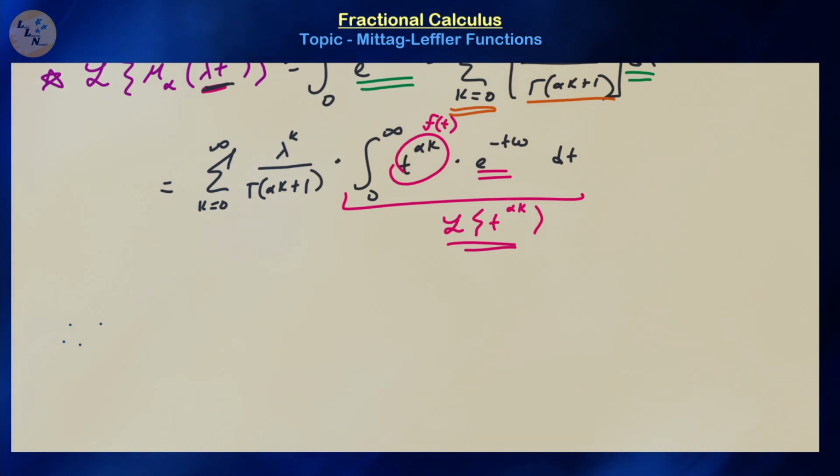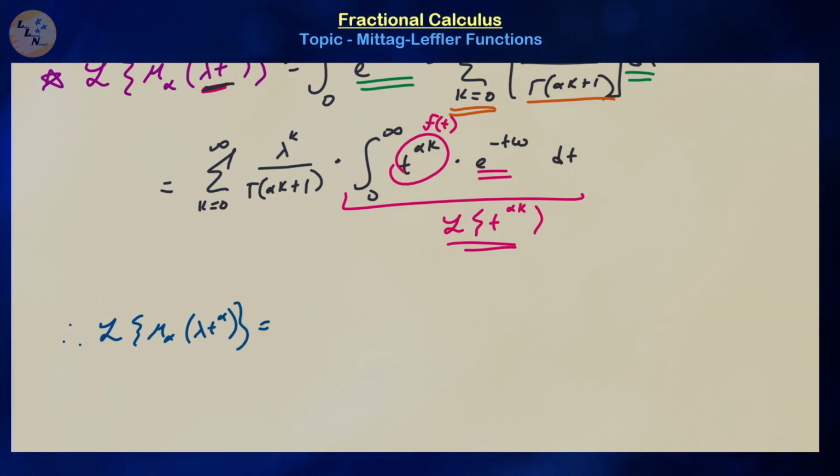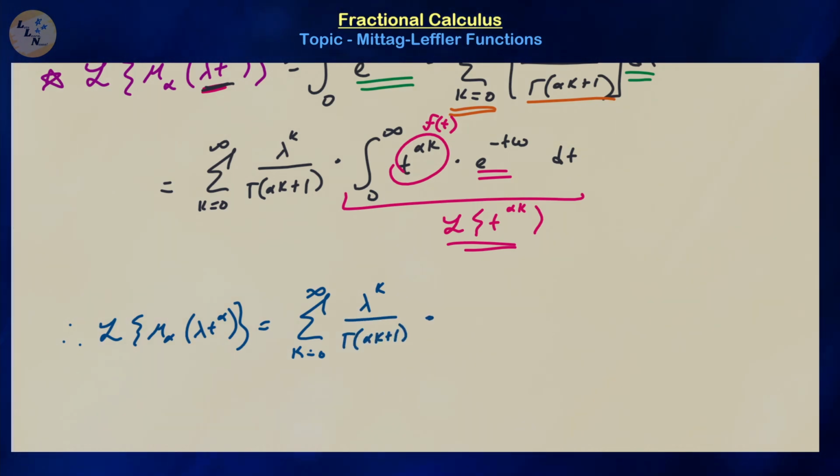So that means the Laplace transform of Mittag-Leffler alpha evaluated at lambda t to the power of alpha is going to be equal to the sum from k equals 0 to infinity of lambda to the power of k all over gamma alpha k plus 1 times, so what's the Laplace transform of t to the alpha k?